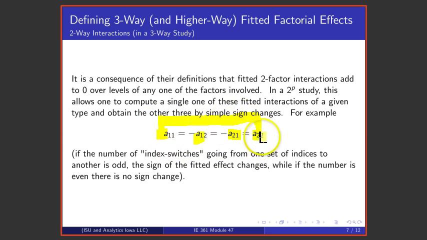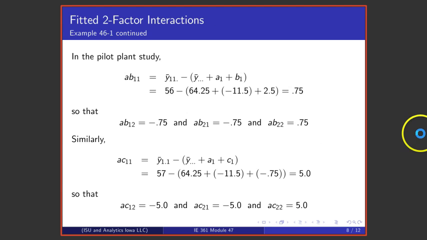I switch signs twice, and I get back to where I started from. So again, sorry about this. Those should be ABs or ACs, depending on which one you want to talk about. I just messed up the slides.